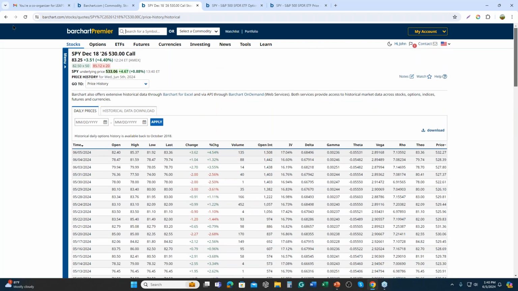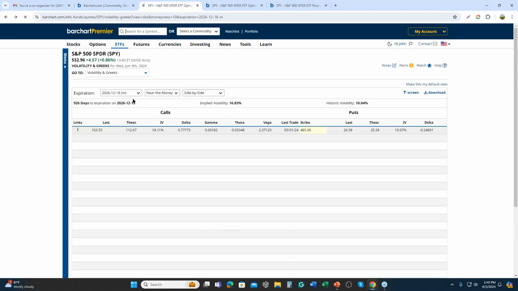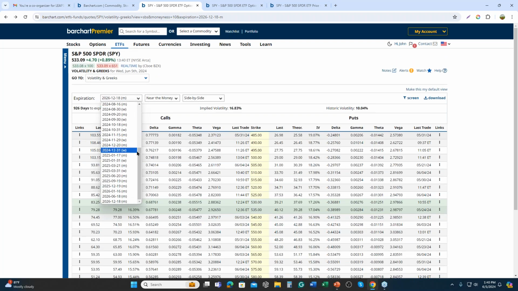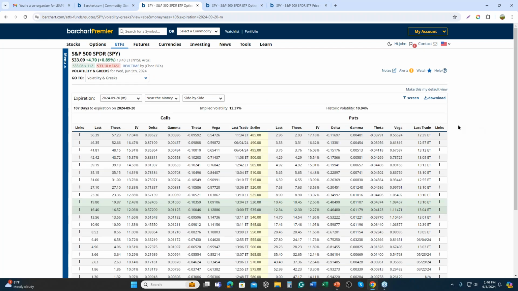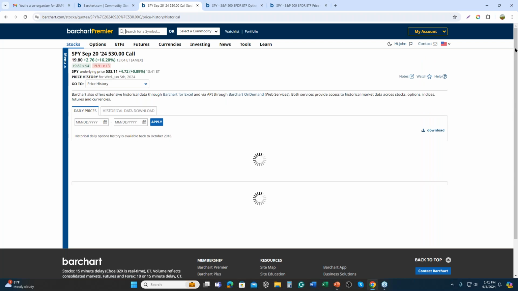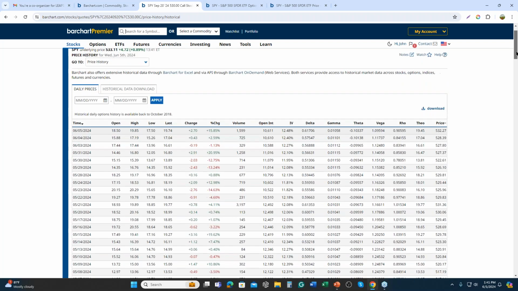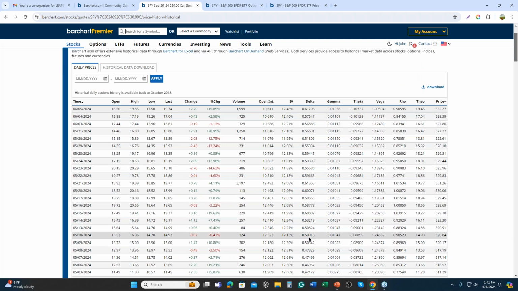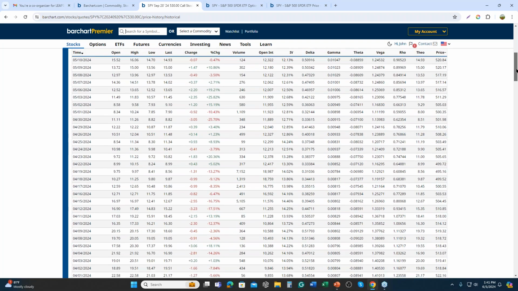So let's go back and look at the shorter term options delta during the same time period. Again, we're looking at the 530, and we're going to go to history. Notice we can see that our delta moves around a lot, right?